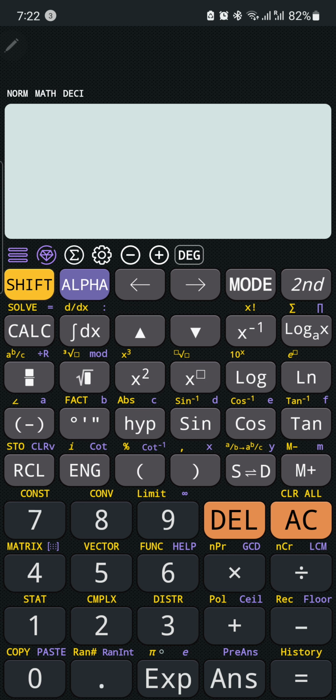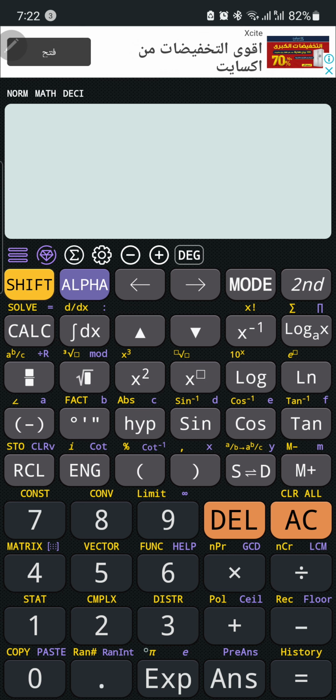Yeah, here, this pi, you can see. With shift you press this one, you will get the pi there. For example, if you are going to calculate 2 pi or 3 pi, you can write 3 multiplied by the pi also, equal to. So this is the answer.